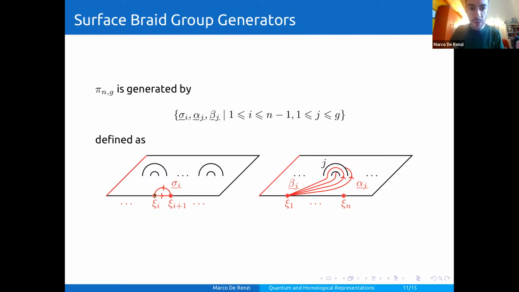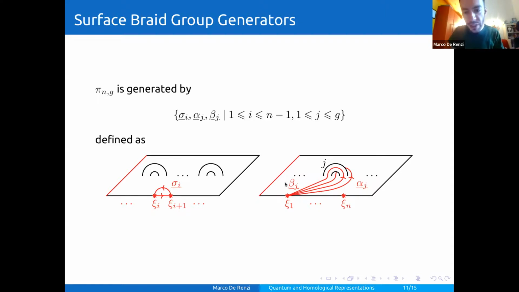And for the generators, we can choose very simple n tuples of loops. So these sigma i's are defined by keeping all base points fixed, so trivial loops for all base points except for the ith and i plus first, which should do a crossing like in standard braid generators. So these are called sigma i's.